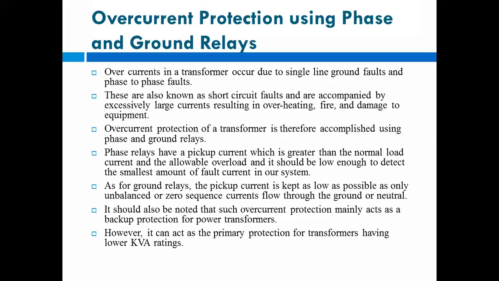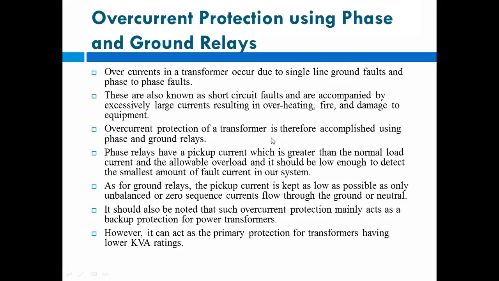Okay, means if there is earth fault, that time, means if there is low value of current, that time also your relay should operate. Also if there is a phase to phase fault, means that current is more, that time also your relay should operate there.